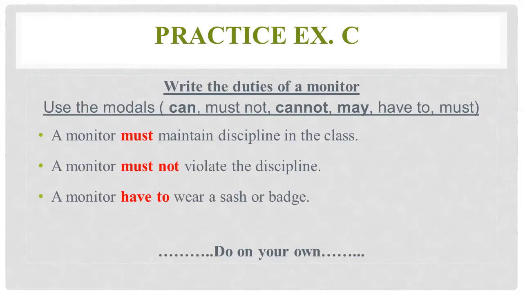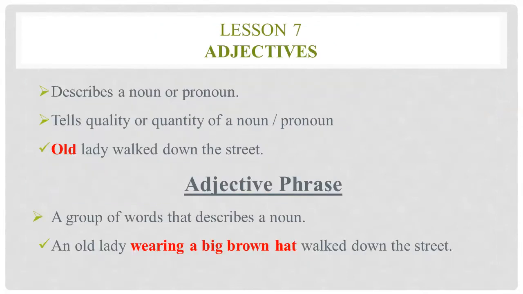We will move to our next lesson, number 7. The topic is adjectives. What is an adjective? It is a word that describes a noun or a pronoun. We have already discussed it in previous classes, in the same class as well.